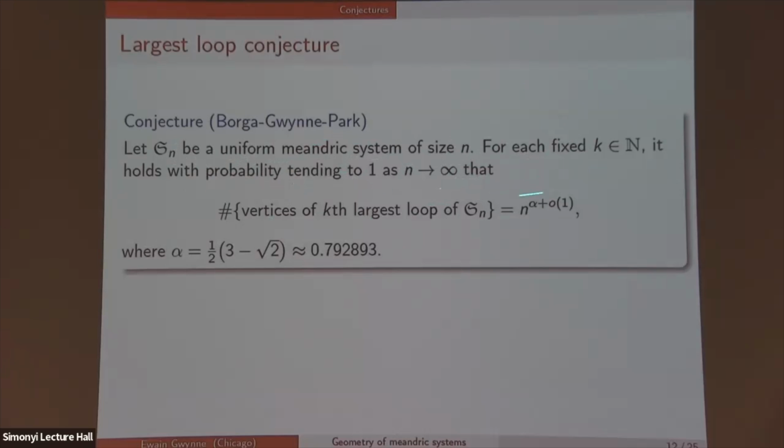What we conjecture is that if we fix k and send n to infinity, then the number of intersection points with the real line of this kth largest loop should grow like n to the alpha plus a little o of 1 error in the exponent, where alpha is this number here, which is about 0.79.